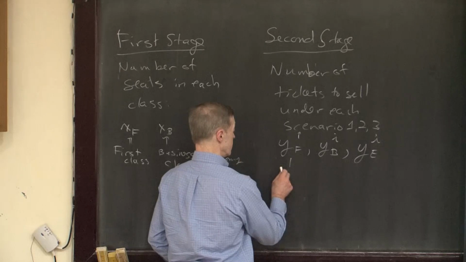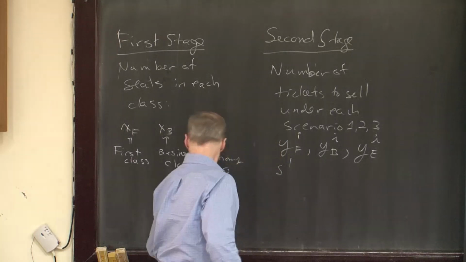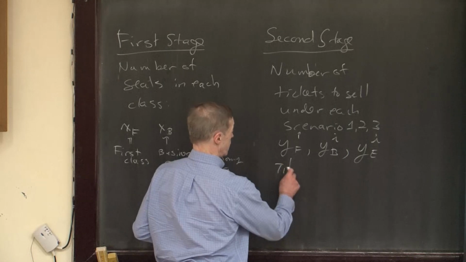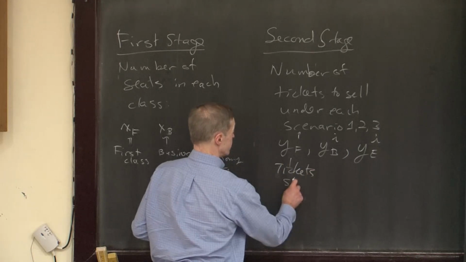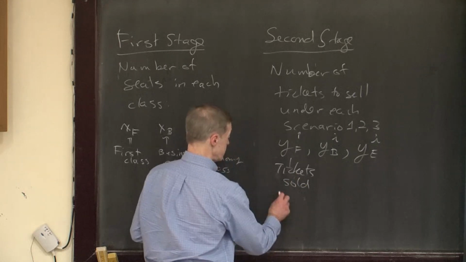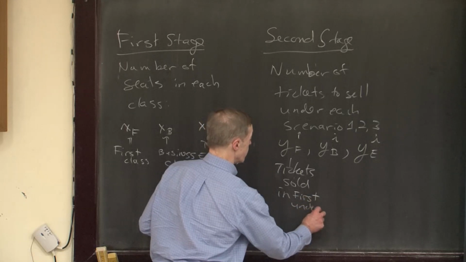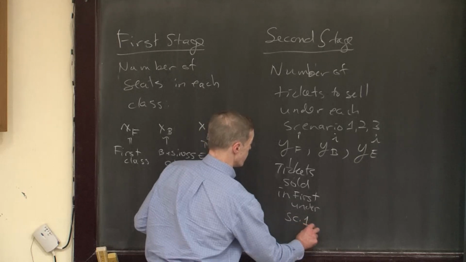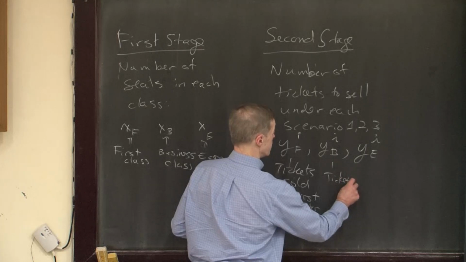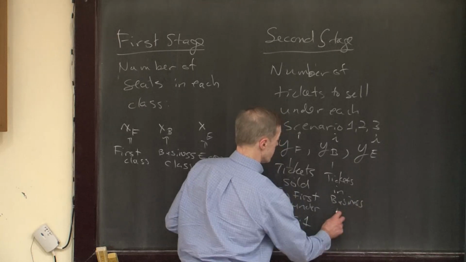So this is tickets sold in first class under scenario 1. And this is tickets in business under scenario 1.